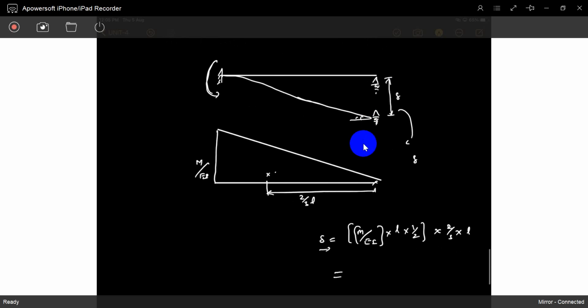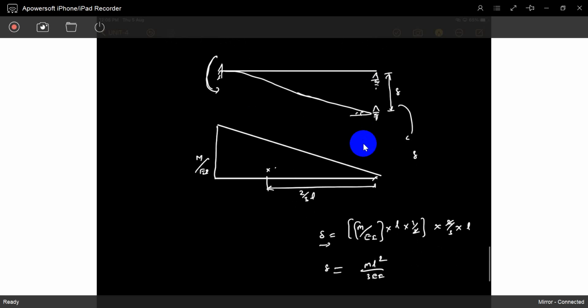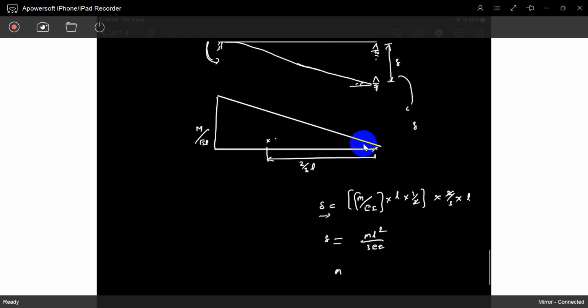So what you will get: 2 cancels, ML square by 3EI equals delta. So M is 3EI delta by L square, not 6EI.